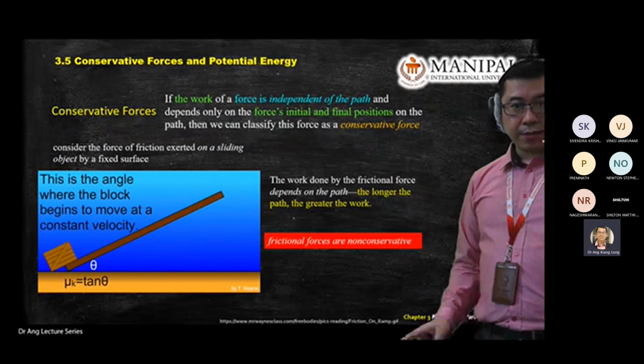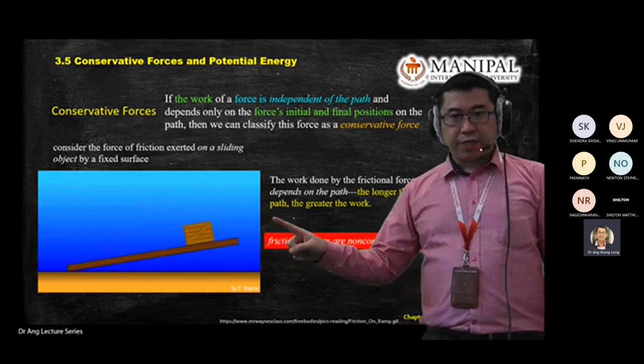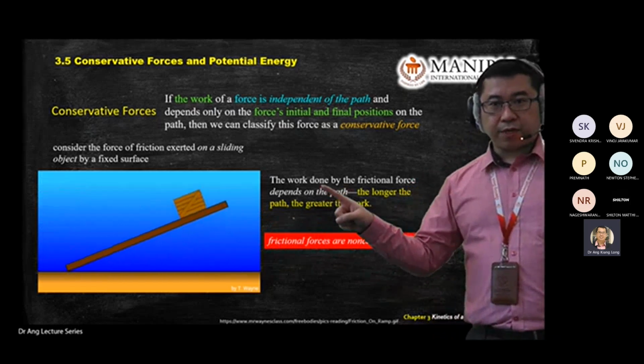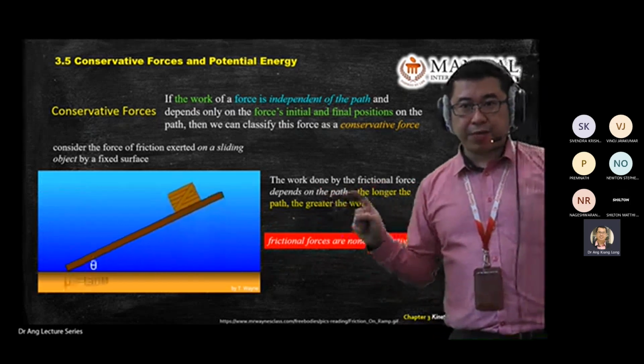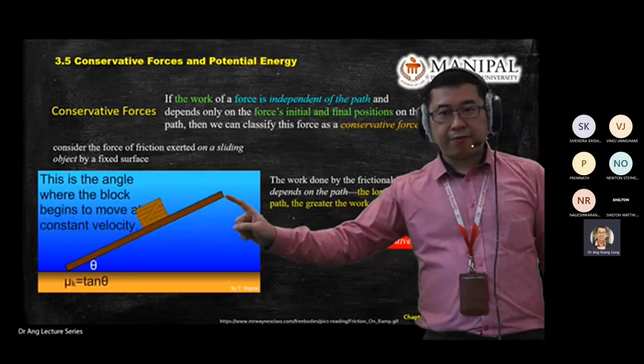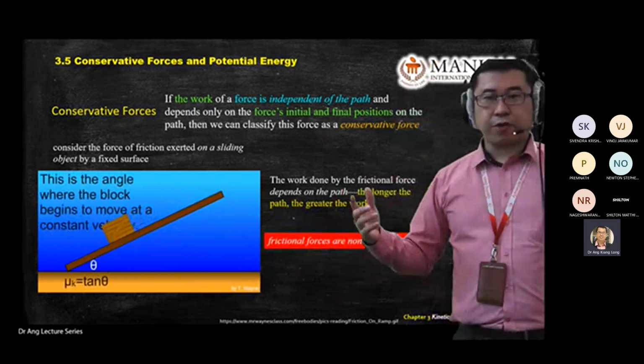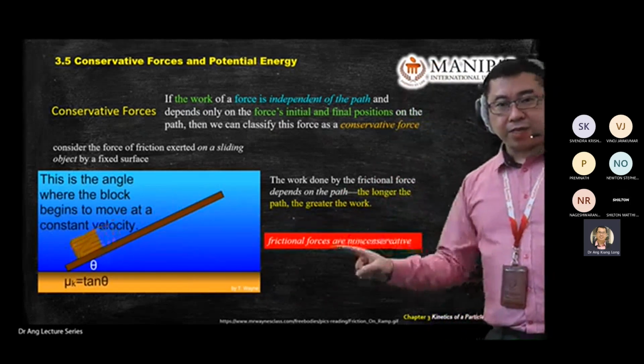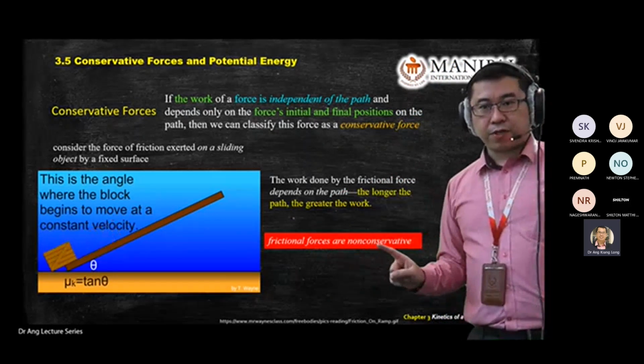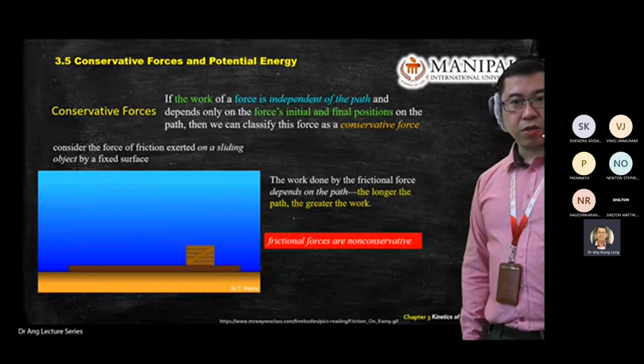In this case, when you have friction, the work done by the friction force depends on the path, meaning the longer the path, the more friction force you have. So in this case, the friction force is not conservative.